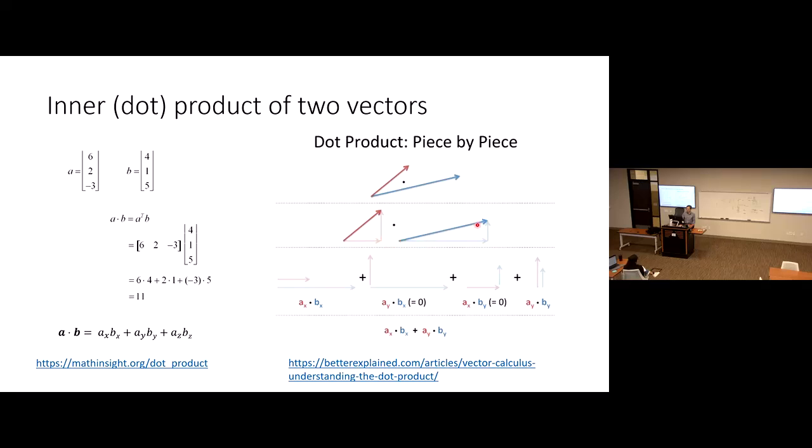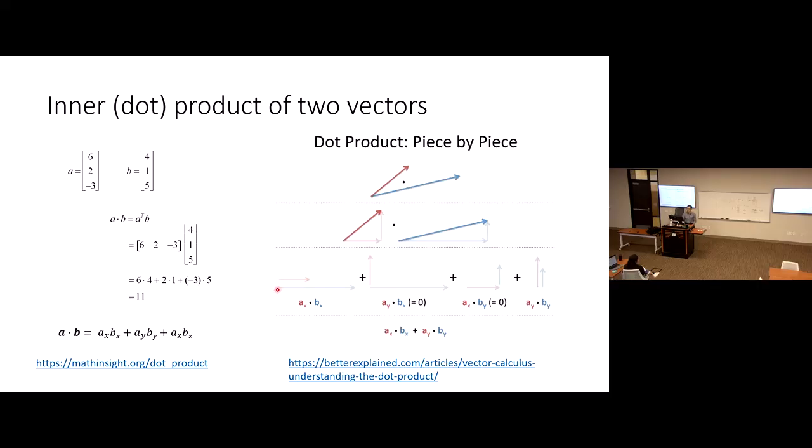You can do the same thing for this longer blue vector, decomposing it into x and y directions. So the multiplication of red and blue can be decomposed into the x-axis direction. Can you see it? Yeah.